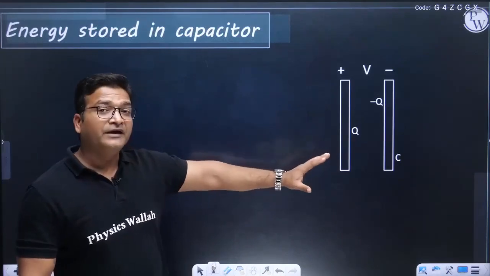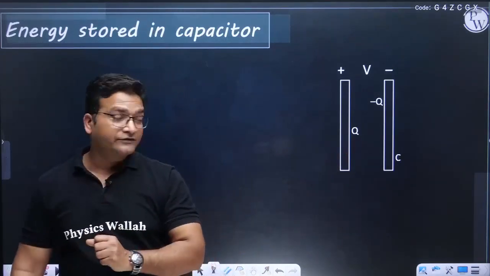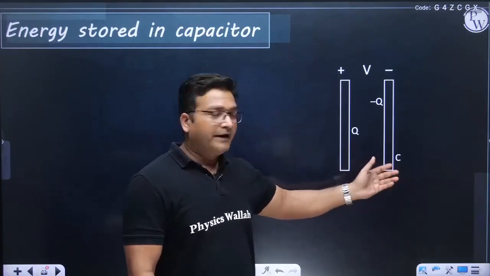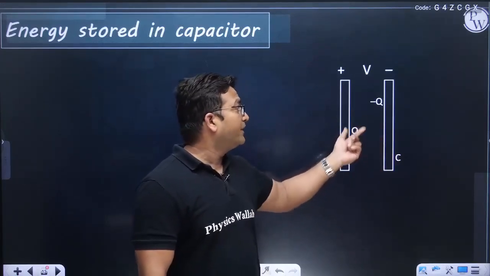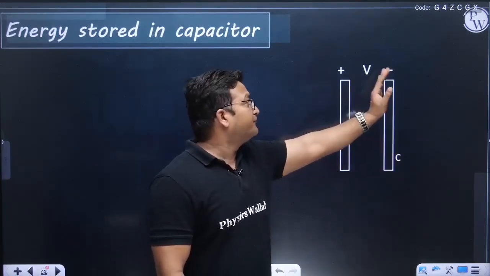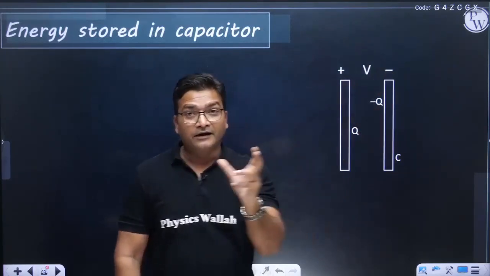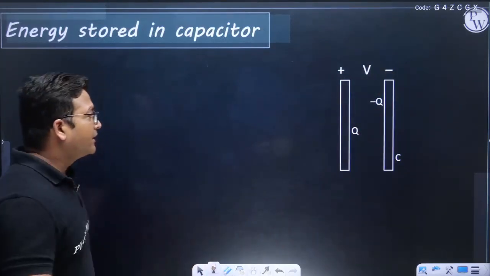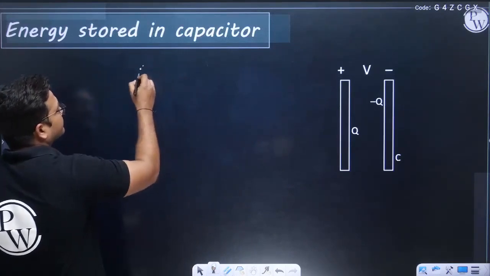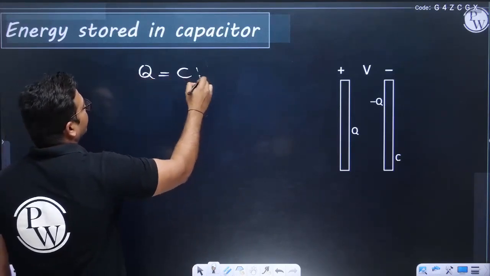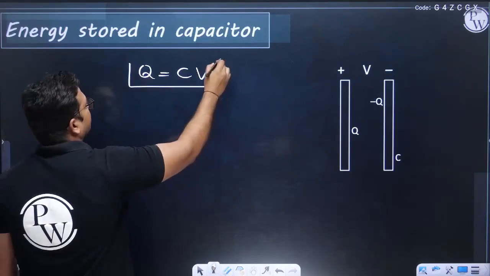But I am assuming as a reference a parallel plate capacitor of capacitance C. Its two conductors have charges Q and minus Q, and the potential difference across the conductors is V. The Q, C and V are related as Q equals CV according to definition, right?